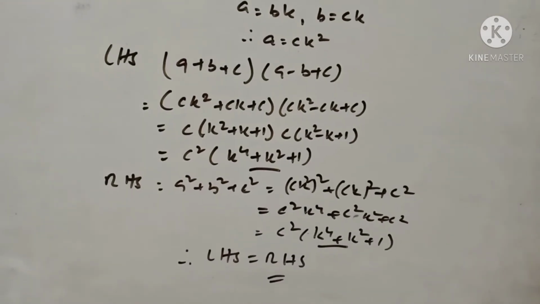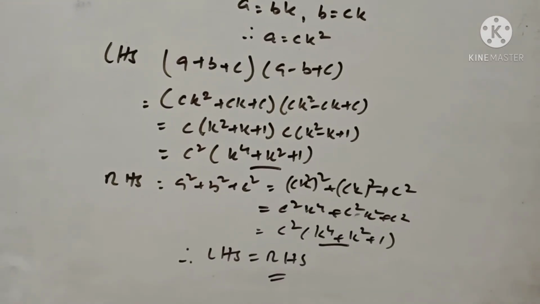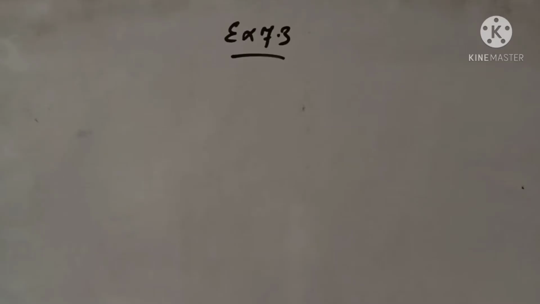Now we have to move to exercise 7.3, where we have to use the properties of proportion. Exercise 7.3: if A ratio B is in proportion to C ratio D, prove that number 1, 2A plus 5B by 2A minus 5B is equal to 2C plus 5D by 2C minus 5D.